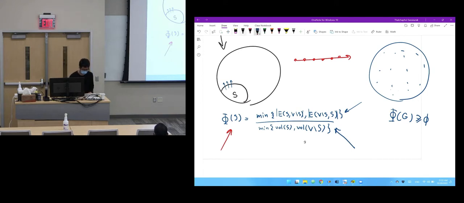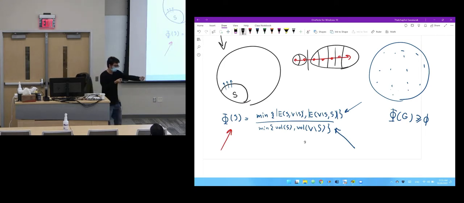Zero, right? Yeah, exactly. You could find a cut such that the conductance is just zero because there are no edges coming in the other direction. For example, here you find a sparse cut, you recurse on both sides, you find a sparse cut again, and so on. You really get a trivial partition, where each expander is just a node.